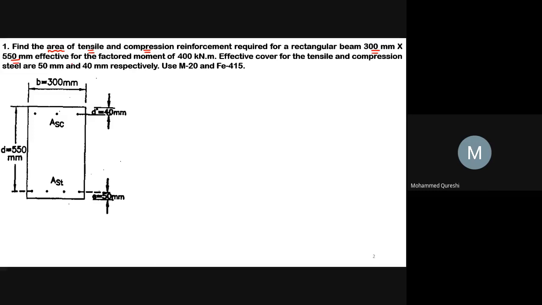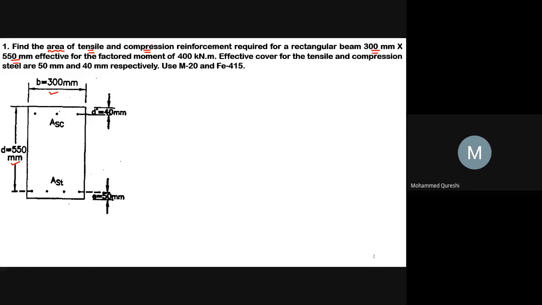Here 550 mm is given as effective, means small d. So from the given data, the width of the beam is 300 mm and the effective depth is 550 mm.